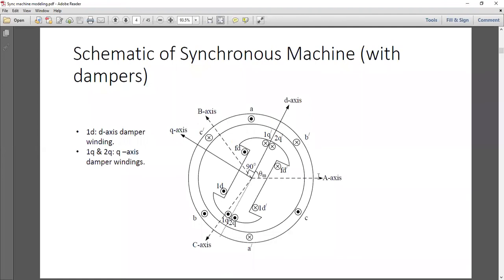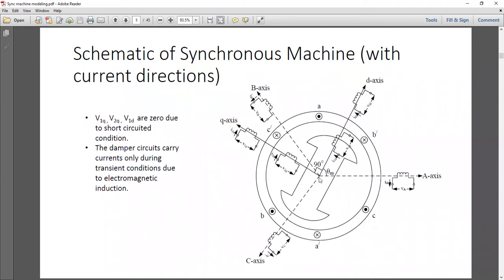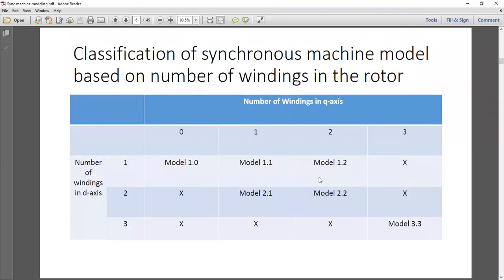This slide gave us the idea of the schematic, the cross-sectional view of the situation of the coils and the currents flowing through the coils. And in this slide, we introduced the physical coils, how they might look once they are introduced into the modeling of the system. Then we covered the different classifications that we might come up with.